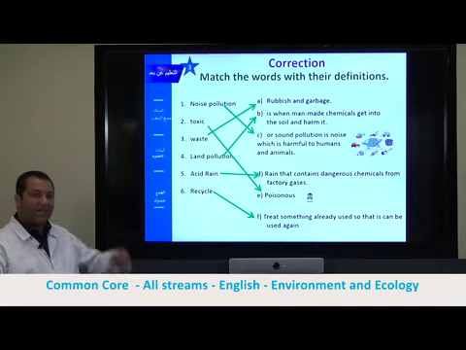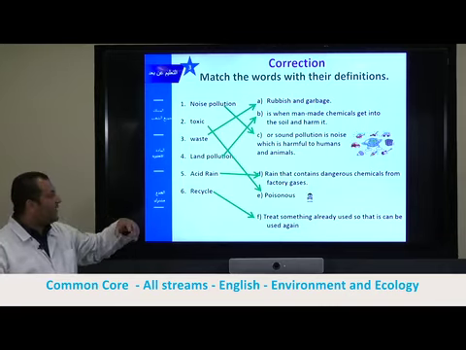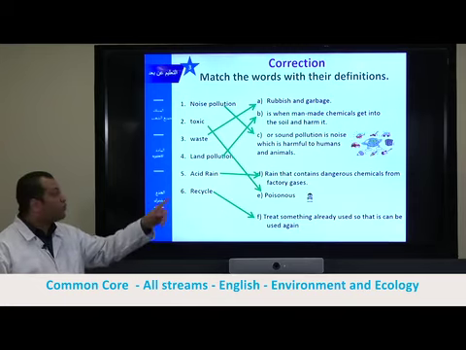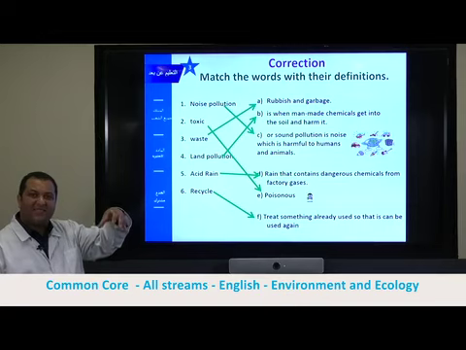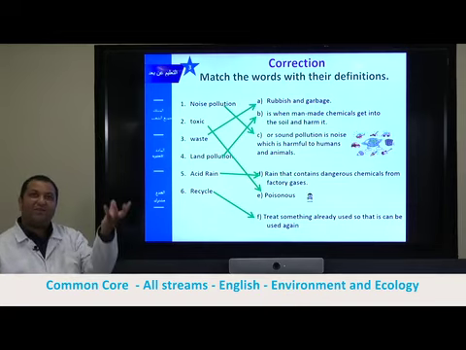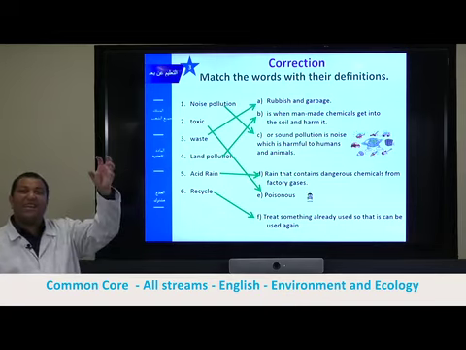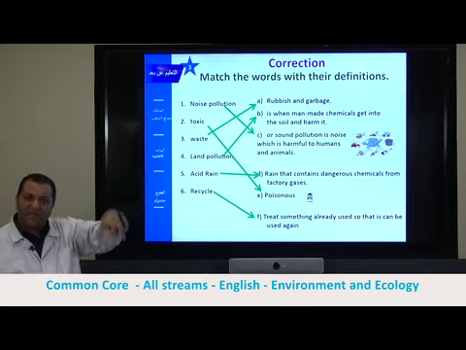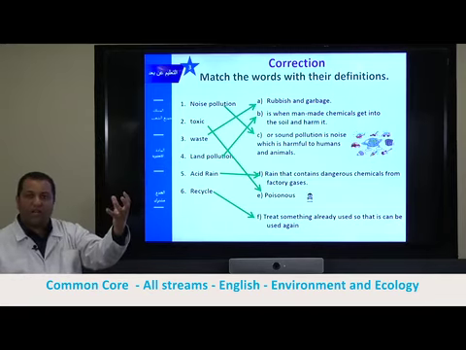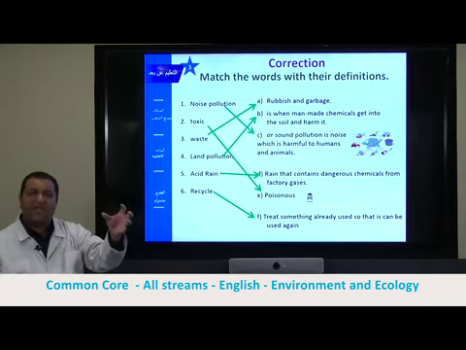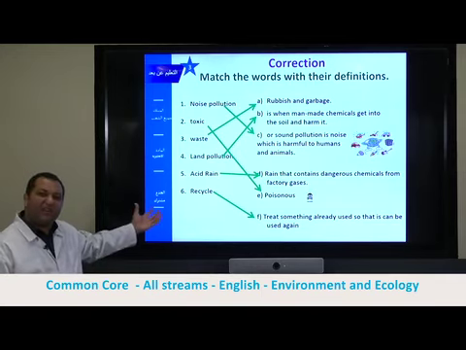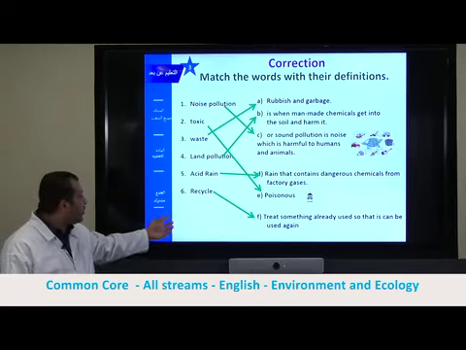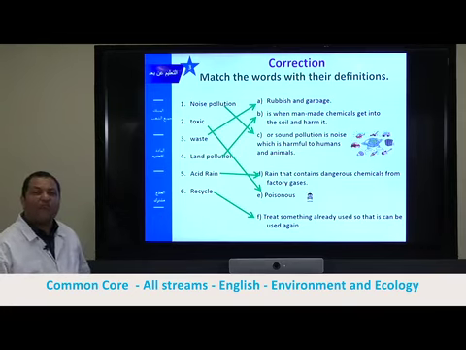Acid rain, it's the rain that contains dangerous chemicals from factory gases. So the factories emit the smoke. So when it rains, the water is mixed with these toxic gases and it makes what we call acid rain.